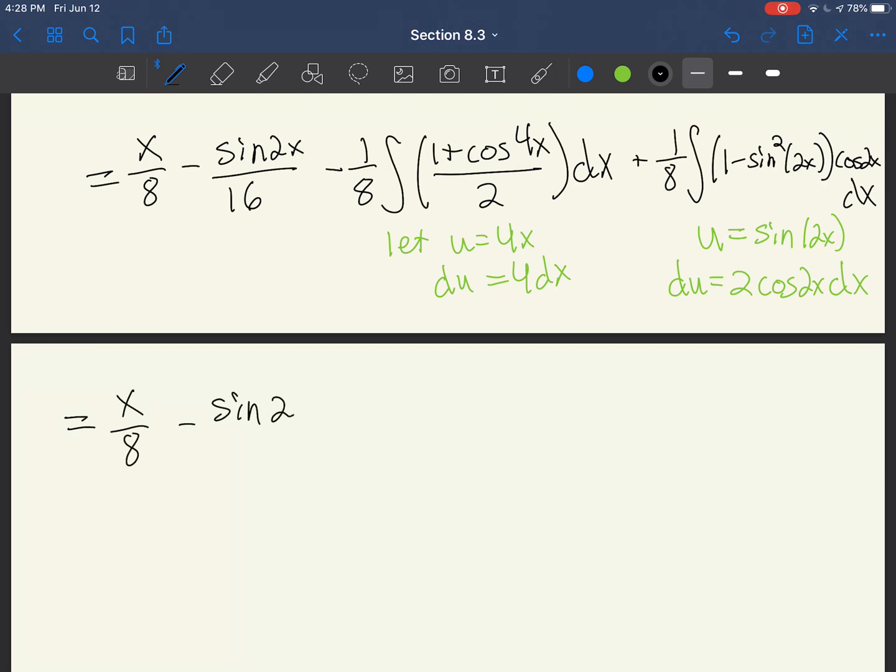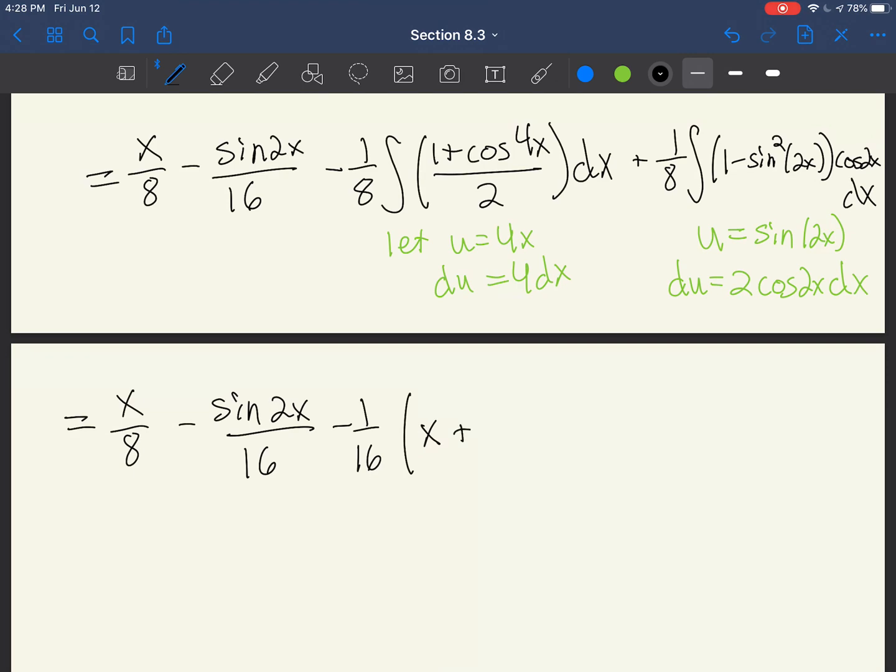Okay, so we have x over 8 minus sine of 2x over 16 minus 1/8, actually 1/16, let's bring that 1/2 out. Integral of 1 is just x.